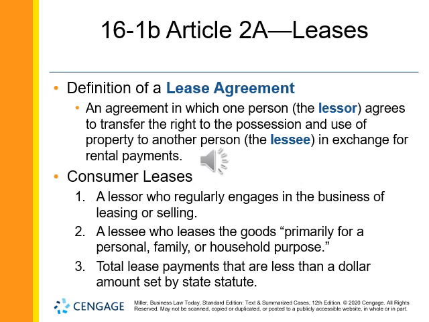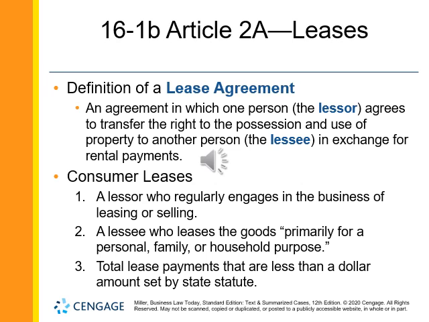Article 2A defines a lease agreement as the bargain between a lessor and a lessee with respect to the lease of goods, as found in their language and as implied by other circumstances, including the course of dealing and usage of trade or course of performance.